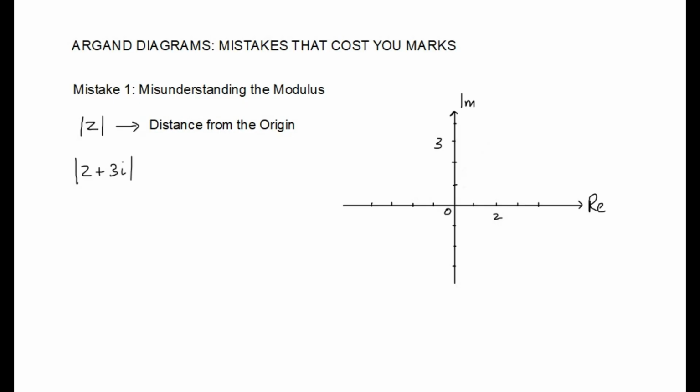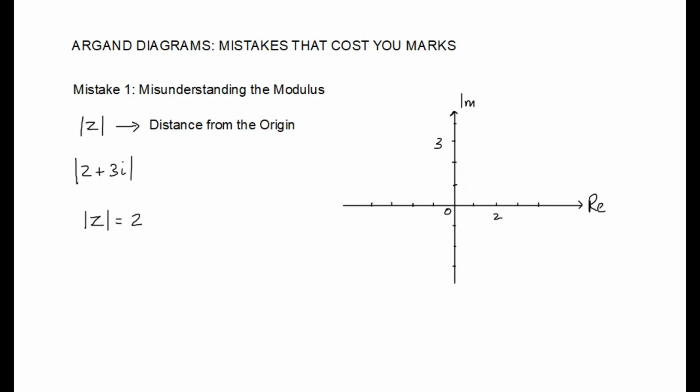So let's say we are given modulus z is equal to 2. Now here, the complex number z is not given to us, but we are told that its distance from the origin is 2 because the modulus of z is 2. So what does this mean? There are a whole bunch of points that are at a distance 2 from the origin.